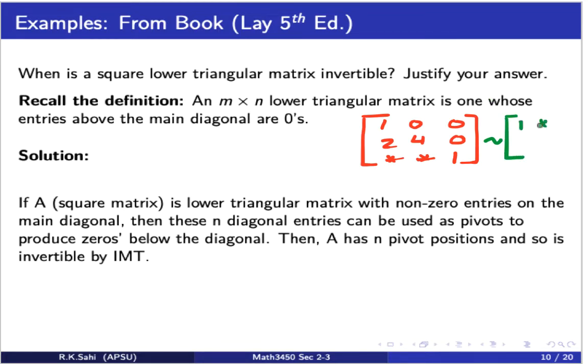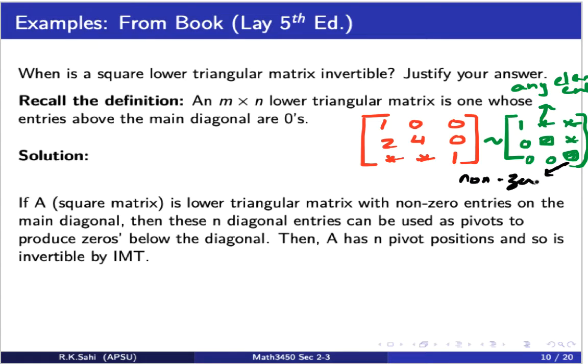So 1, we will have some elements here, some elements here. These are non-zero, the square elements, if you remember. And then we will create an echelon form of it. Remember, these can be any element, whereas these square boxes are non-zero elements.